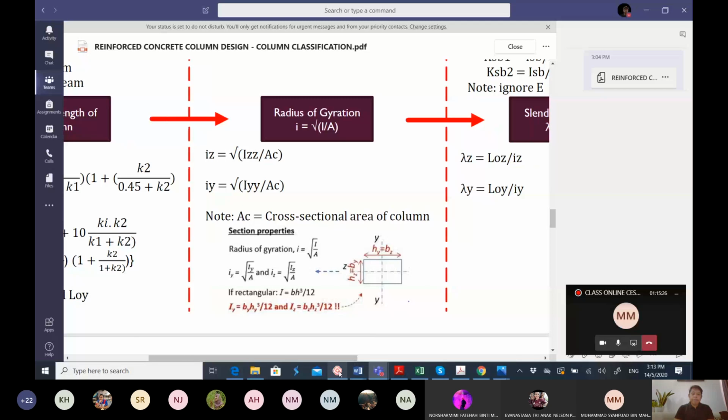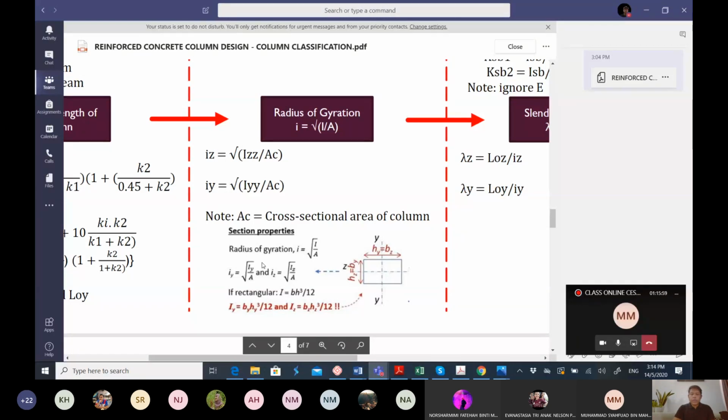Especially if it is biaxial, we won't have a problem. Normally, if it is uniaxial, the moment will act in only one direction, either at the minor axis or the major axis. So you should know which value you have to use here. By referring to this figure, you should know how to use these section properties in order to calculate your radius of gyration. If you have any problem, you get back to me.